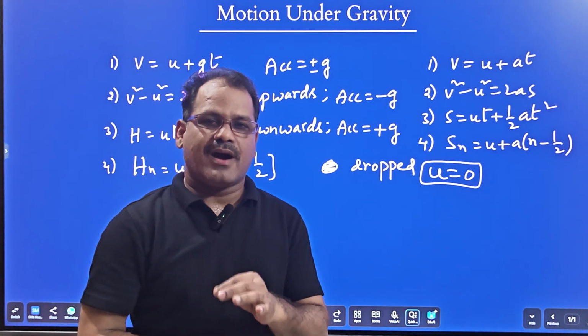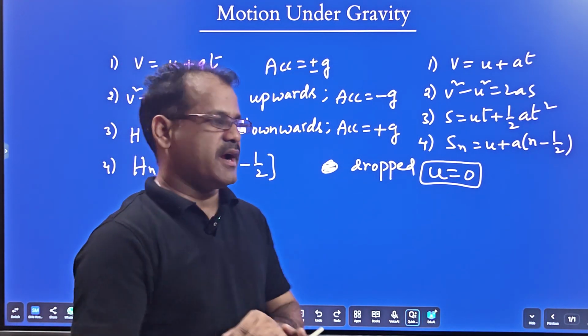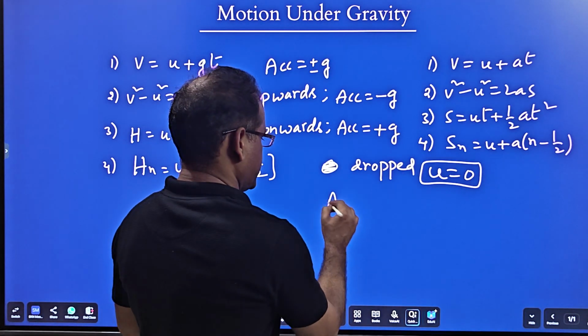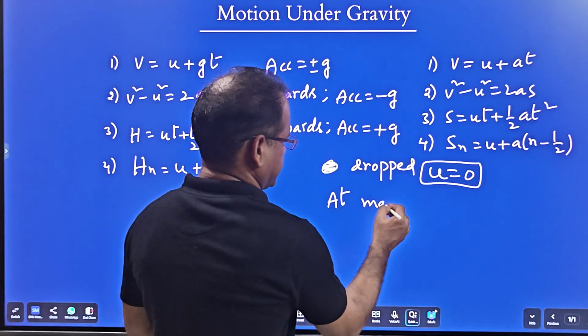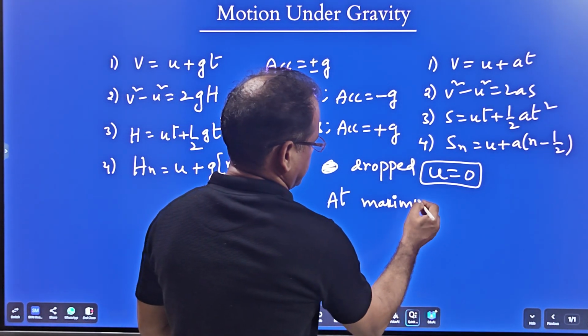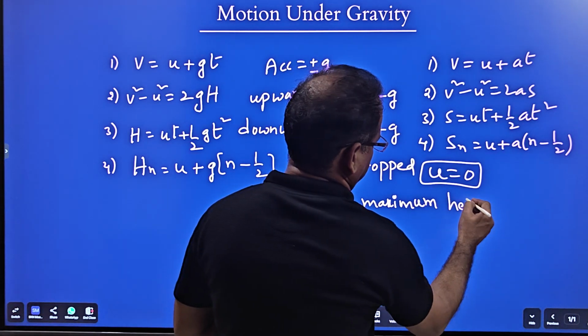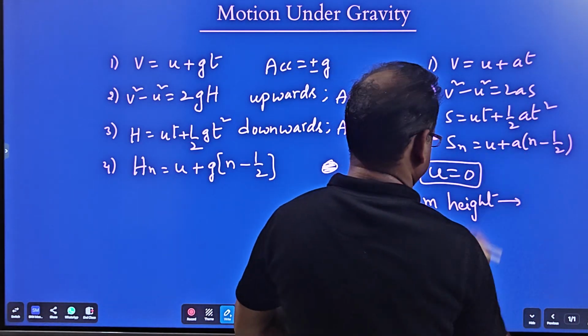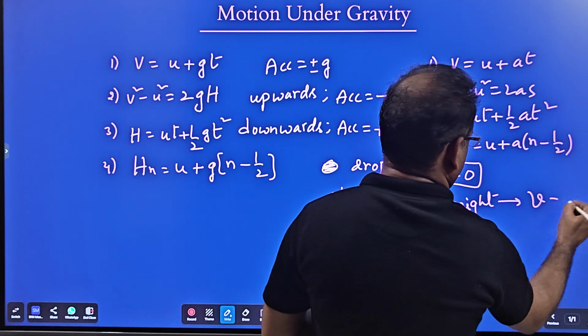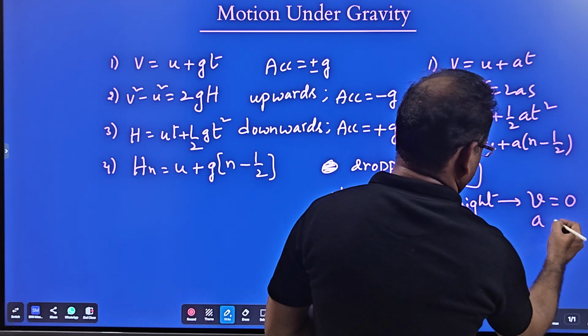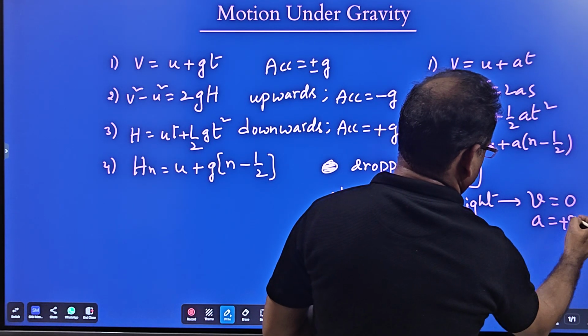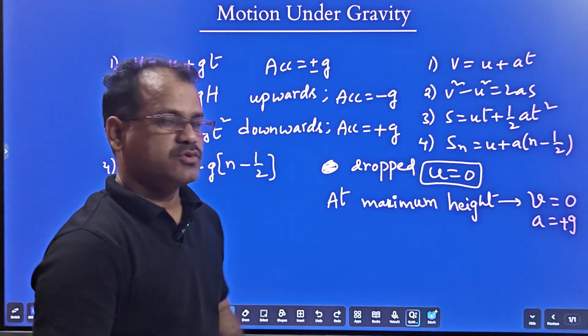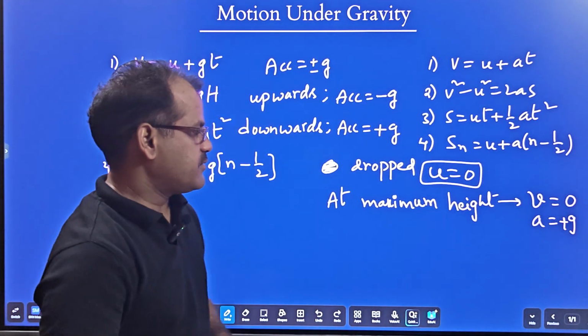Similarly, when the object reaches its maximum height, at maximum height the speed should be 0, but the acceleration should be equal to plus g. So this condition should be directly taken.